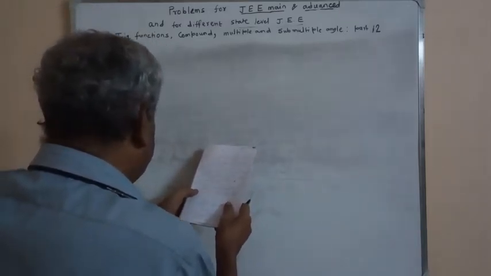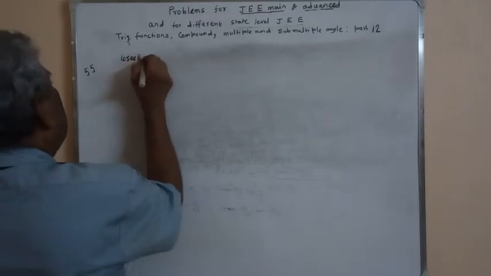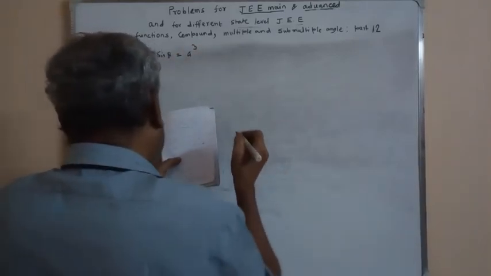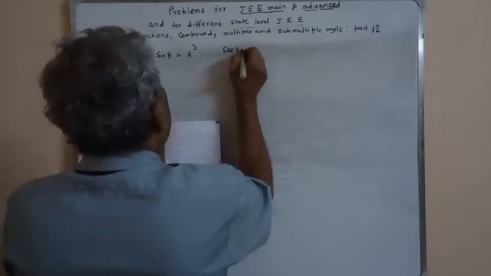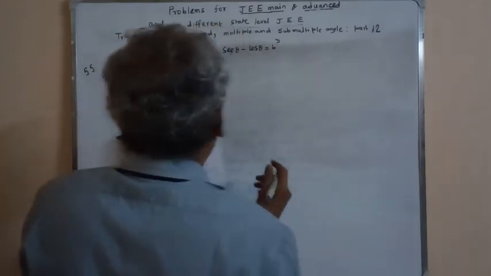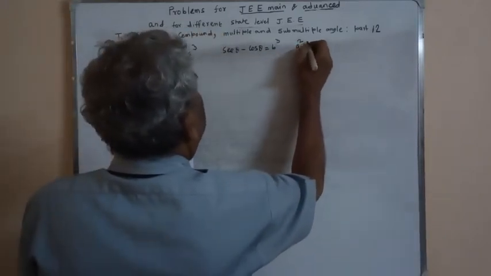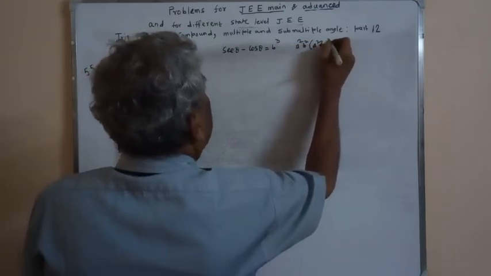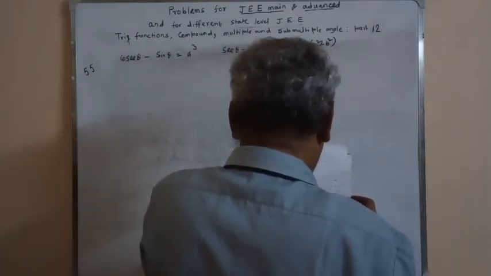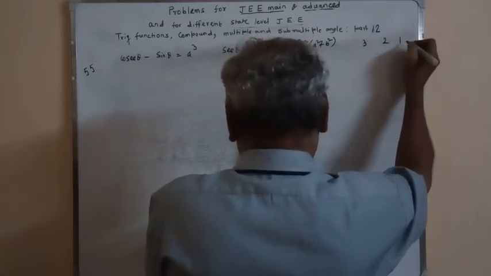And the problem is, if cosec theta minus sin theta is equal to a cube and sec theta minus cos theta is equal to b cube, then the value of a square b square into a square plus b square is: 3, 2, 1 and 1 by 3.